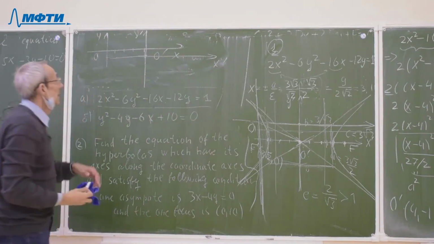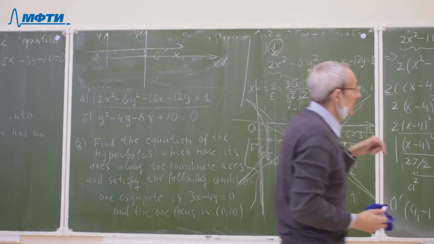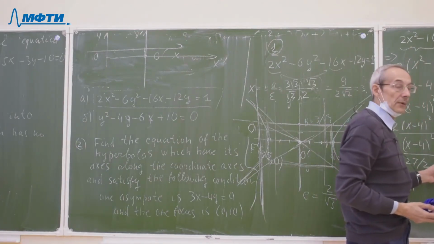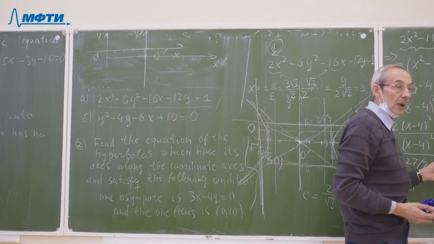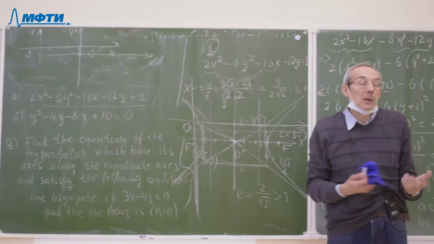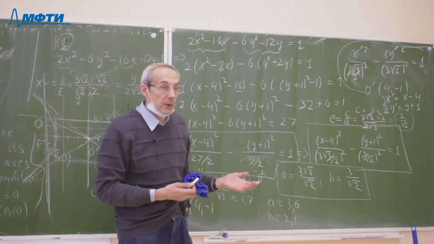In this new coordinate system, the equation which defines our hyperbola has the canonical form, only this form. And in this new coordinate system, I can use the same facts which were proved before.